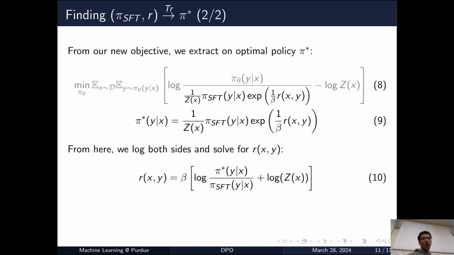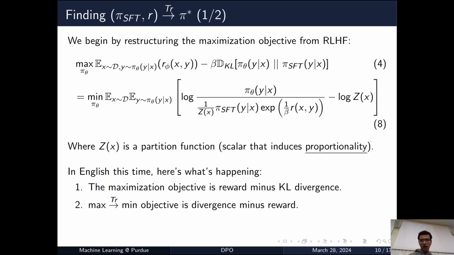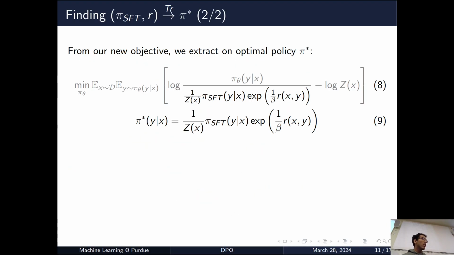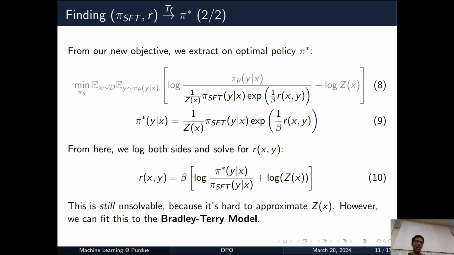Z of x is still this thing that we cannot actually compute, and that is a problem. We have this partition function over here, and it's a very complicated thing to compute. It's hard to approximate Z of x.